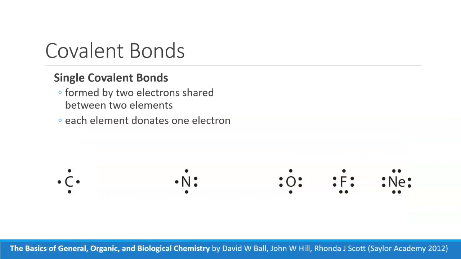Now, the purpose of these Lewis dot structures is so that we can eventually start creating what we call covalent bonds. And covalent bonds, remember that those are going to be bonds between 2 or more nonmetals.